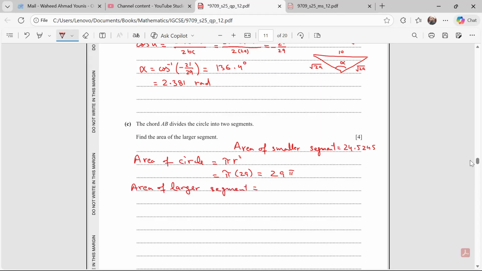It is going to be the area of the full circle, which is 29 pi, and from this area I will subtract the area of the smaller segment, which is 24.5245. So this will give me 66.582. So I can say this is 66.6. I hope you understand everything here, and I hope you enjoy this solution.